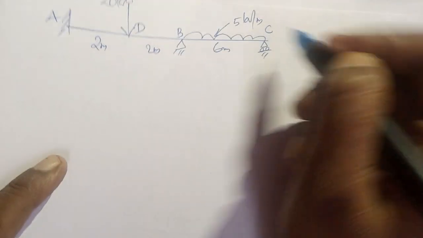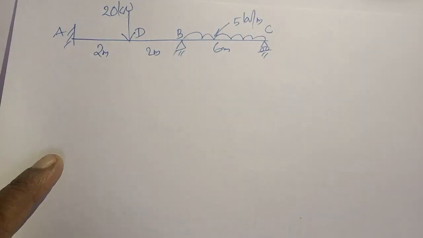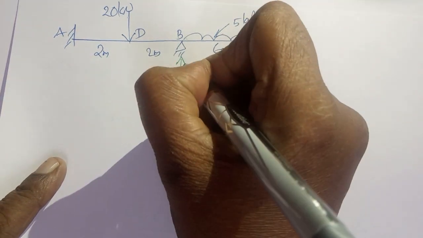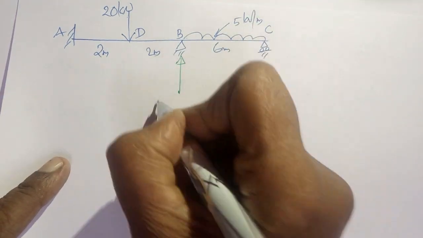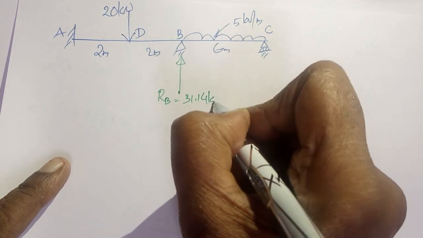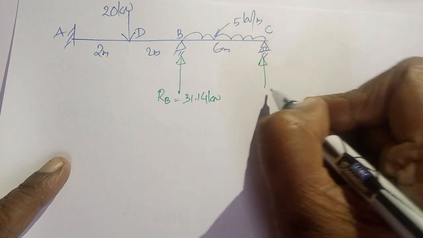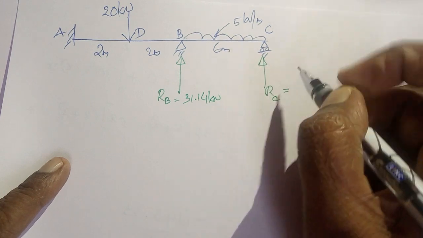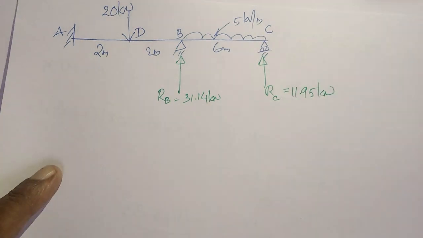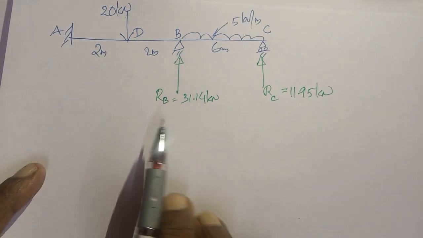Okay, now what? By solving the redundants, we have got the values. The answer which I have got is R1, that is RB. We got RB as 31.14 kilonewton, and we have got RC as 11.95 kilonewton. So we have got RB and RC.